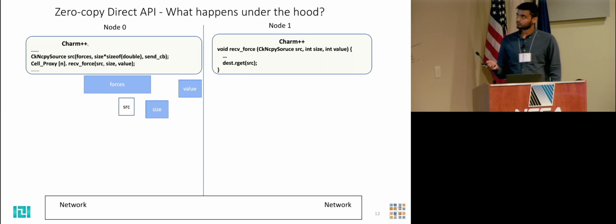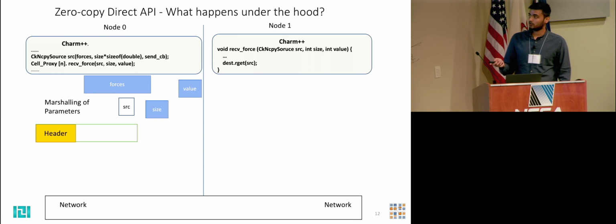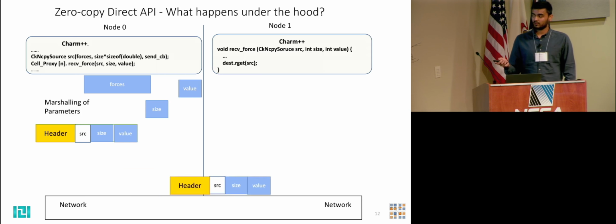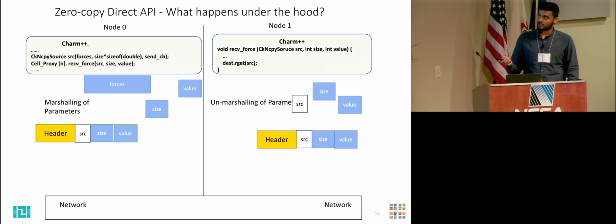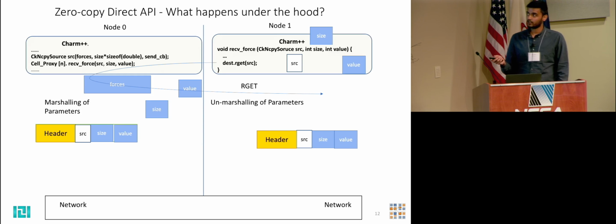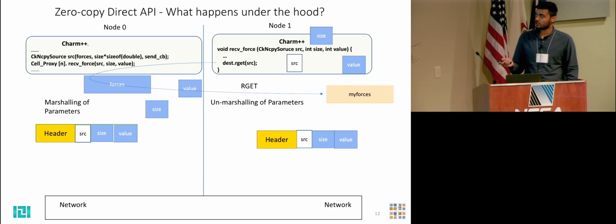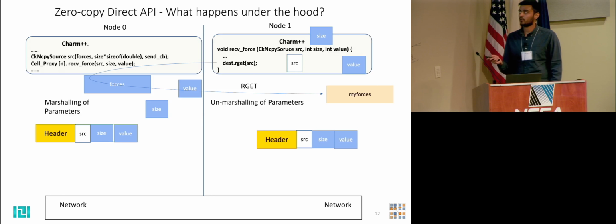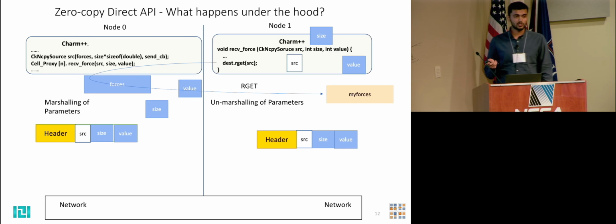So in this particular case, very similar to the previous case, the user provides the no_copy source object, and that gets sent over to the remote node, and it's unmarshaled, and now the user declares a ck_no_copy destination object, and then uses that source to perform an rget. Unlike the previous case where the forces was a runtime system buffer, in this case it directly comes and sits in the user buffer.